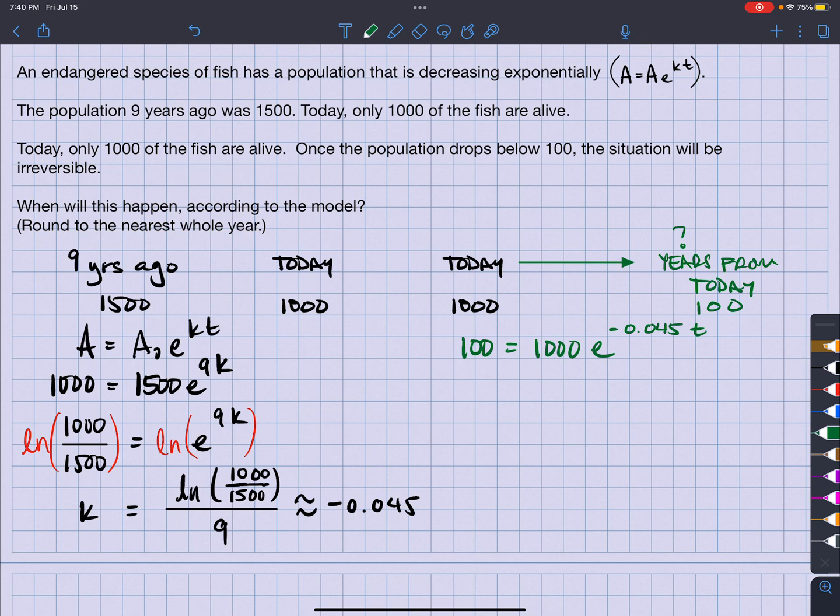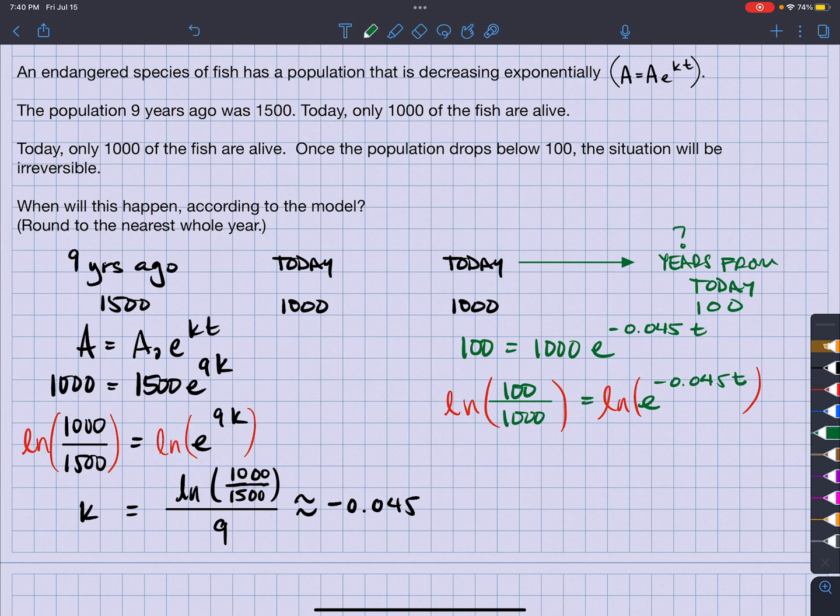The same idea, I'm going to divide off that 1,000. So I'm going to have 100 divided by 1,000 is equal to e to the negative 0.045t. Again I'm going to take the ln of both sides. The e is going to cancel out, and I'm going to be left with negative 0.045t, and I'm going to divide it off.